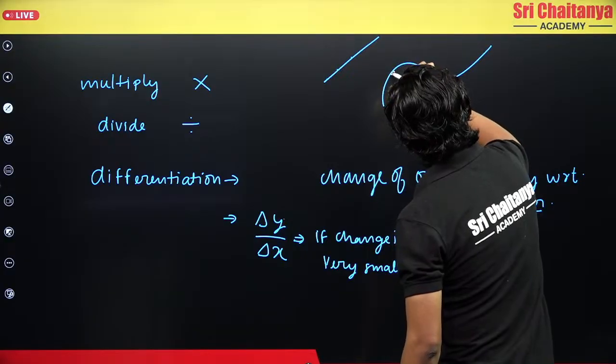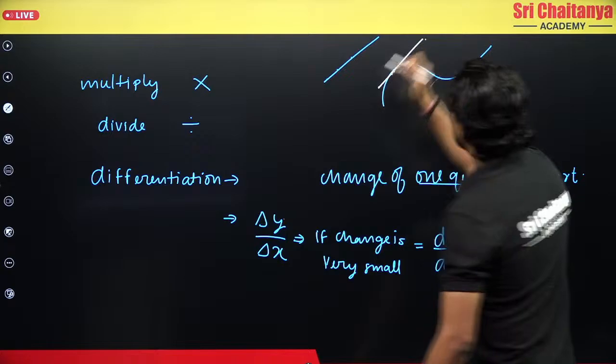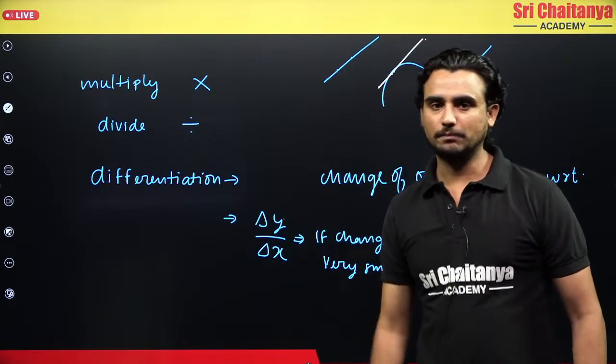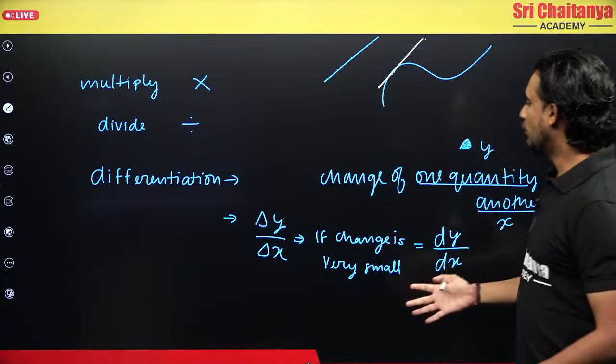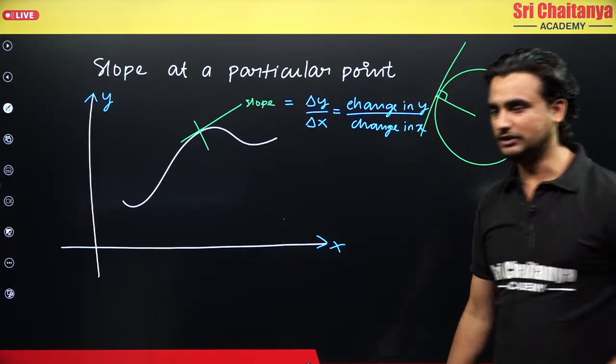When I join these 2 points, I will get something like this, and this is basically the tangent. So for this particular point, I am finding the slope at that point. Clear? So now you should know the mathematical meaning and the graphical meaning of differentiation.